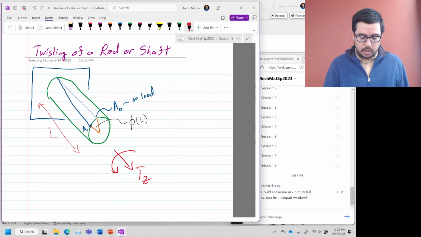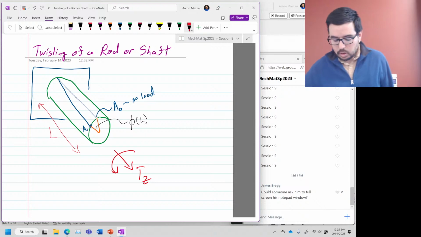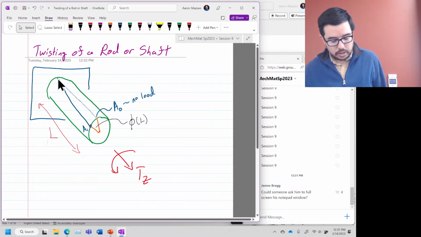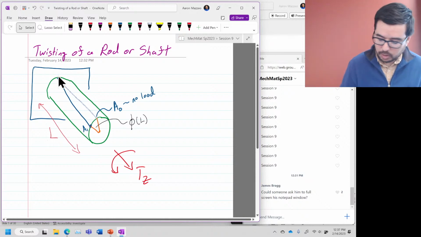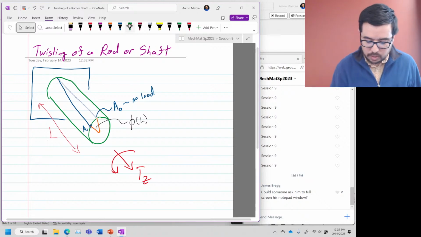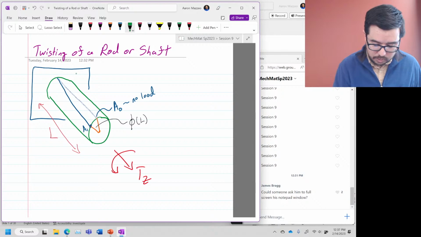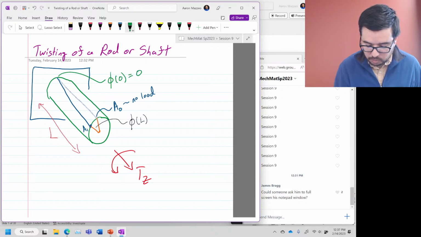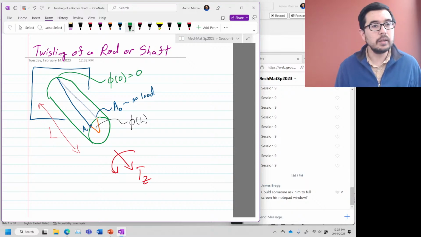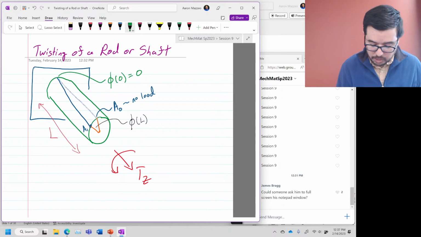And you can see that it starts off small here at this point, right? So if this is 0, and I go all the way over here, phi of 0 is equal to 0. Okay? It's a linear relationship.